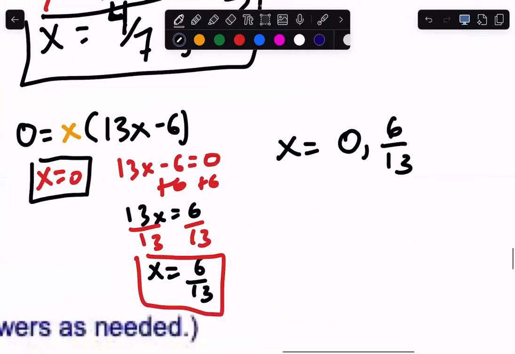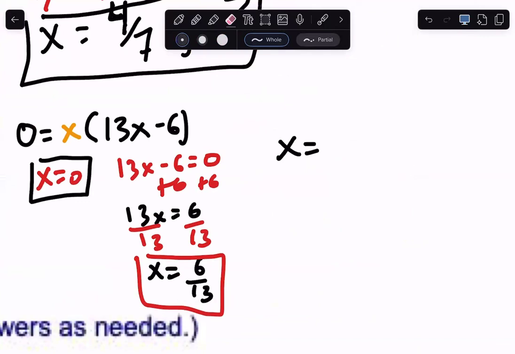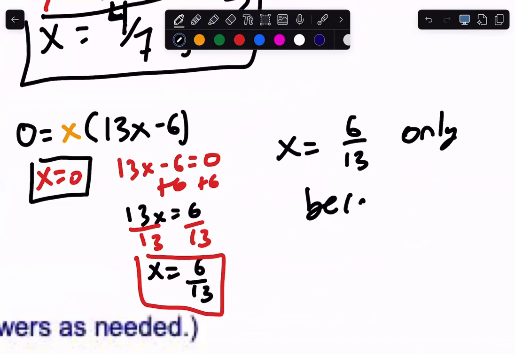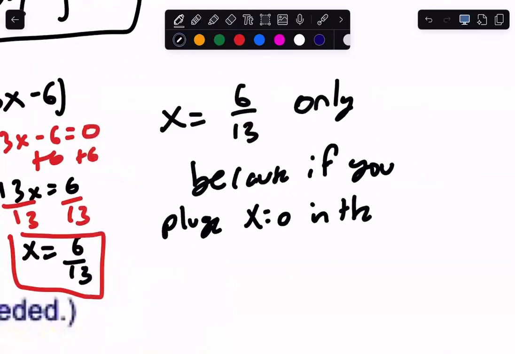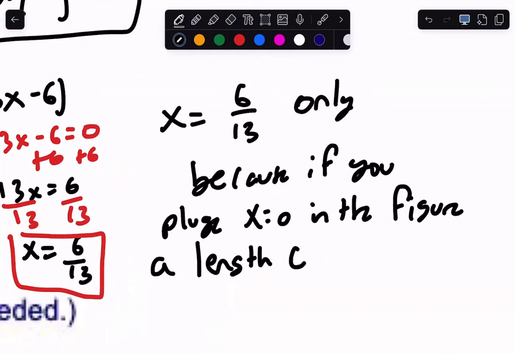Actually, no, x cannot equal 0. The reason why x cannot equal 0, because this is a mistake I made in the previous problem, is that if you plug x equals 0 into the line segment in the figure, a length cannot be 0 or negative.